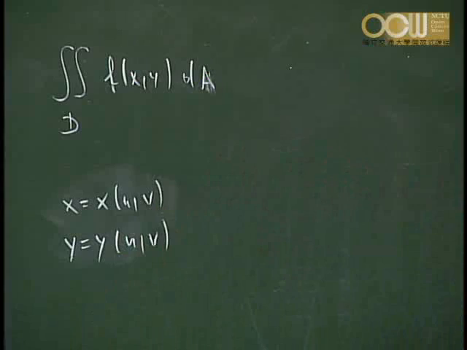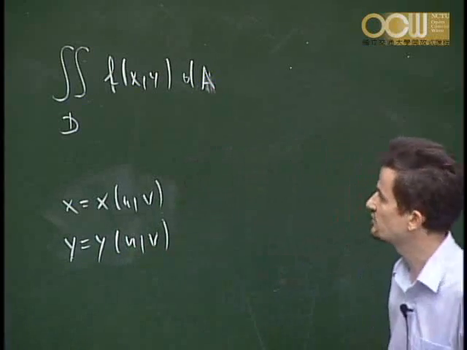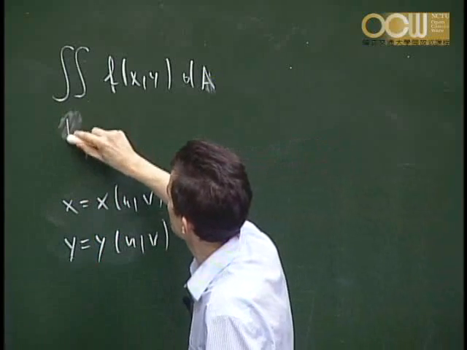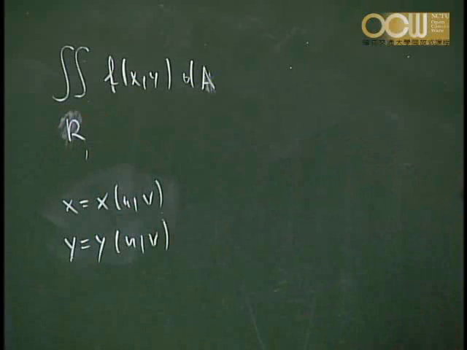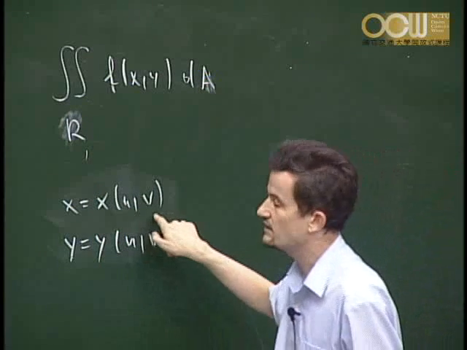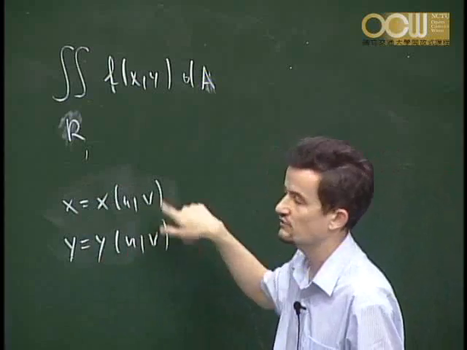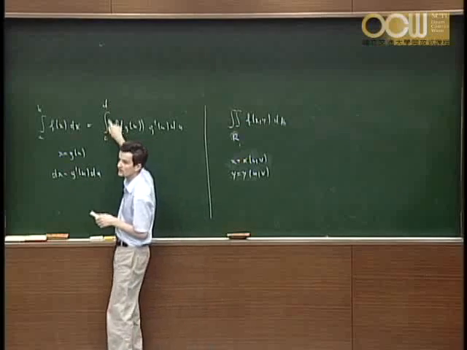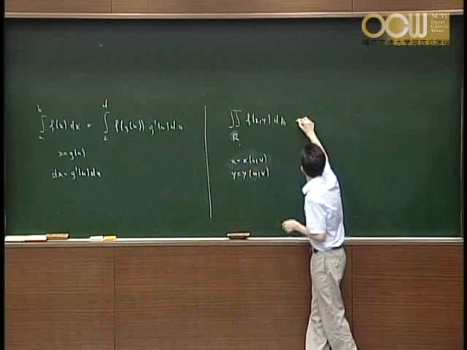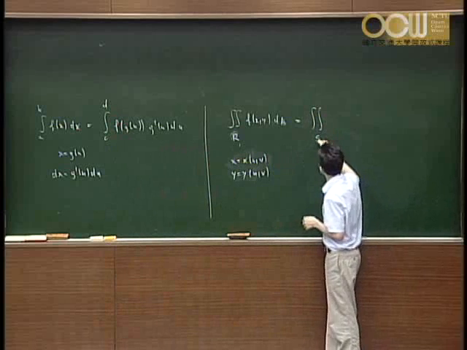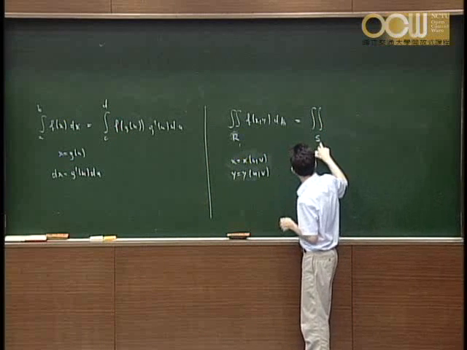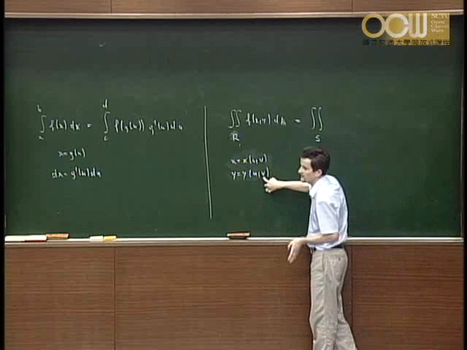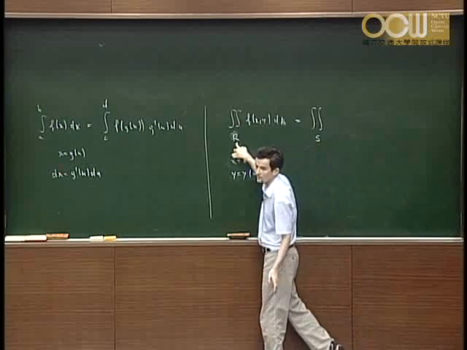For this, the first thing we have to figure out is what happens with D under this transformation, or in other words, if this is some R here, which plane region in the uv plane under this transformation gets mapped onto R. This corresponds to finding the upper and lower limits. So we have to find some region S in the uv plane which under this transformation gets mapped onto R.